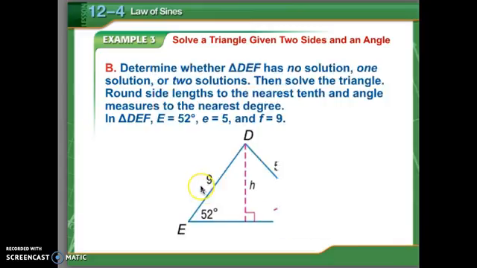You can pretty much just come back here and look at this. We're finding the height. If we find the height of this triangle, that would be the side that's opposite 52, this imaginary triangle right here, and the hypotenuse. So the sine of 52 would equal h over 9. Solving for h, that would be 9 sine 52.